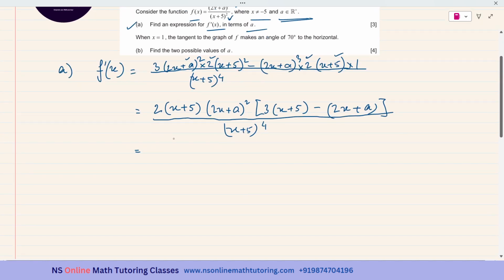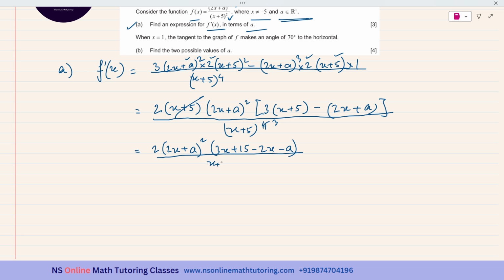So this is equal to, and I can cancel this and this will be 3. So it is 2 and (2x plus a) whole square, and I can open the brackets. So it is 3x plus 15 and minus 2x minus a over (x plus 5) raised to the power of 3.